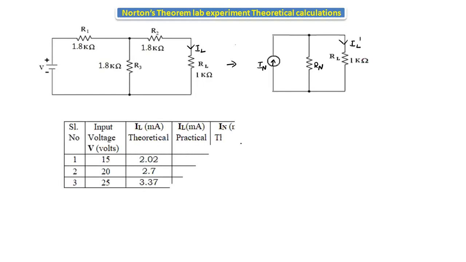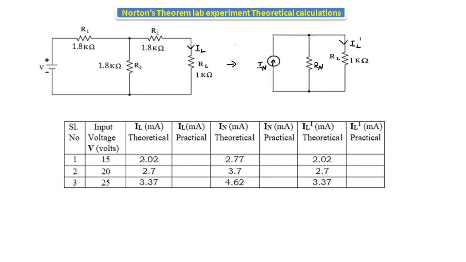If you see the values we got up to now, for the supply voltages of 15 volts, 20 volts and 25 volts: for 15 volts, the IL value is 2.02 and in the equivalent circuit IL dash is also 2.02. For 20 volts, IL is 2.7 milliamps and IL dash is also 2.7 milliamps.